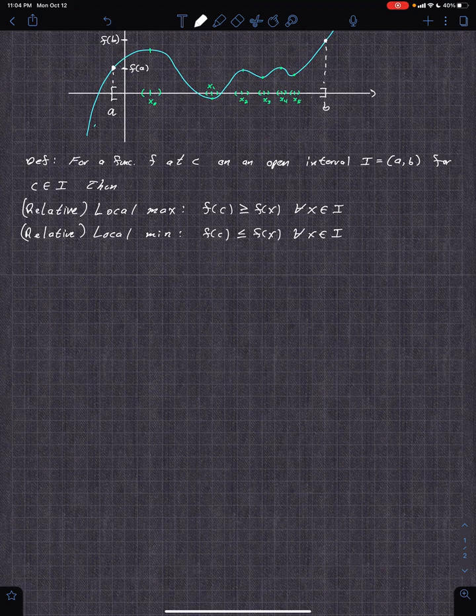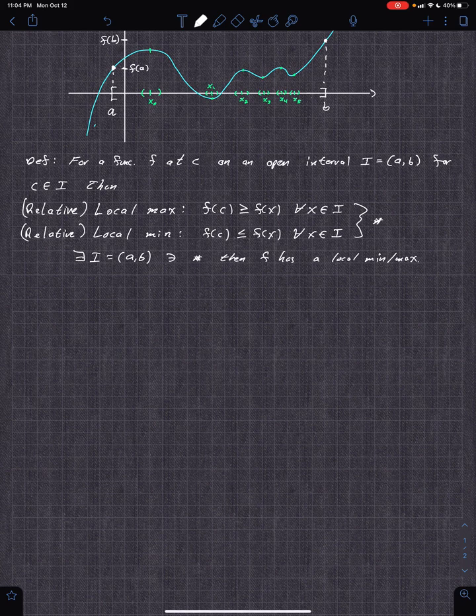In other words, there exists an I that's open such that either one of these is true, then f has a local min or max.